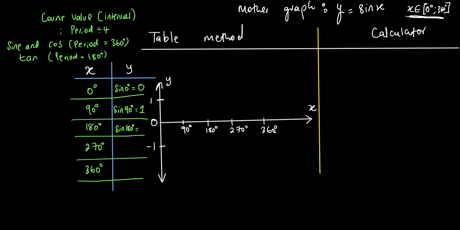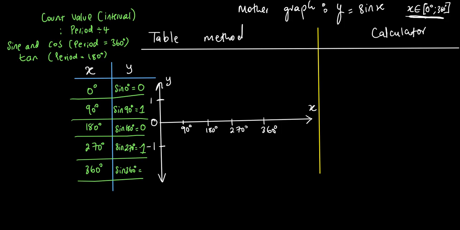What do we get when you put sine 270? You get -1. And then lastly, when you put 360 inside there, what do you get? We get 0. Perfect.